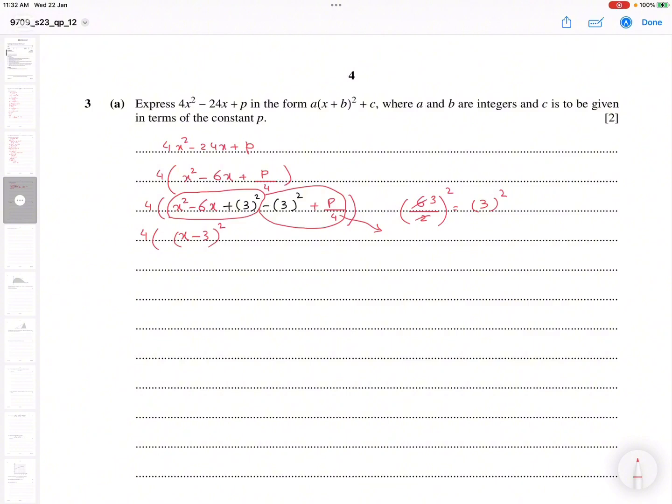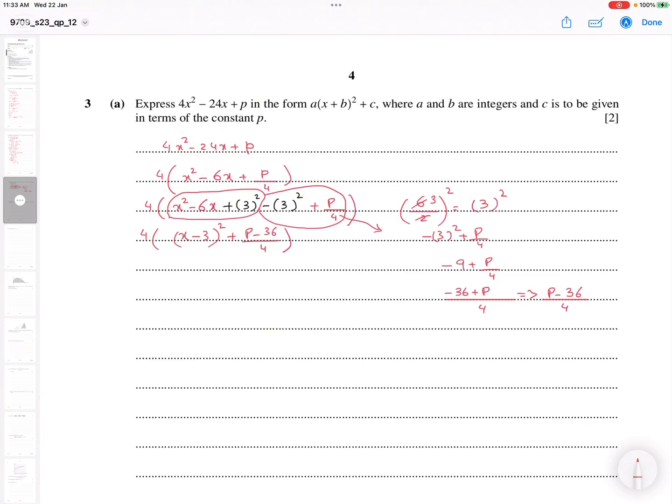So you will get negative 3 squared plus p over 4, which is minus 9 plus p over 4. Take the LCM 4, so minus 36 plus p, and this becomes (p minus 36) over 4. We can write this here, plus (p minus 36) over 4.